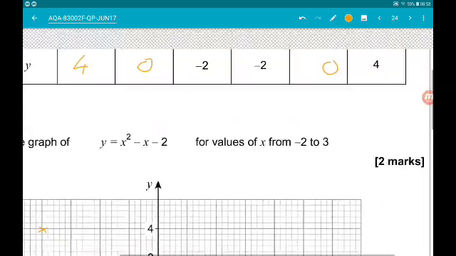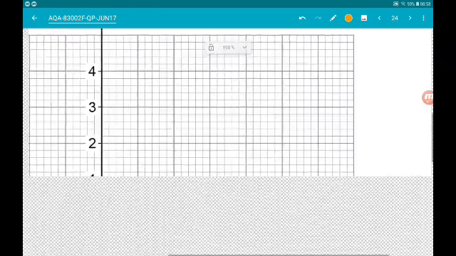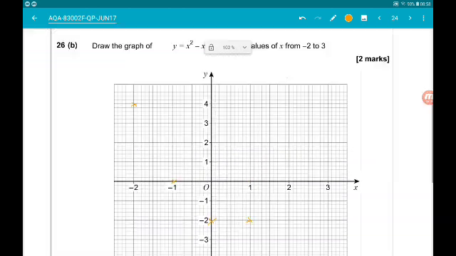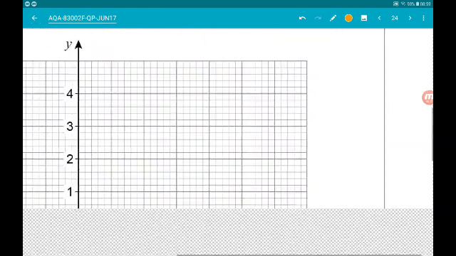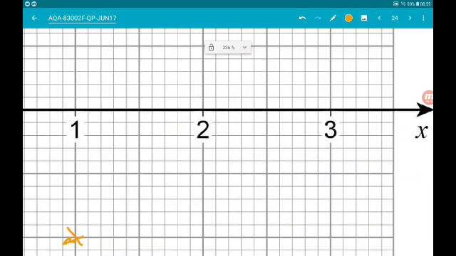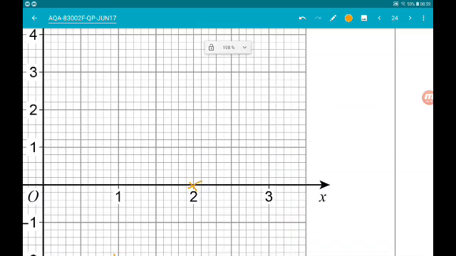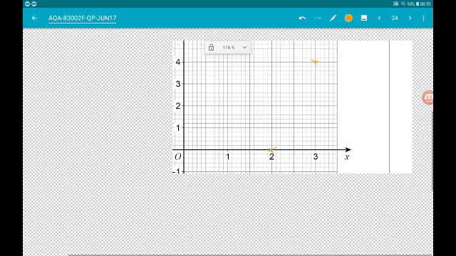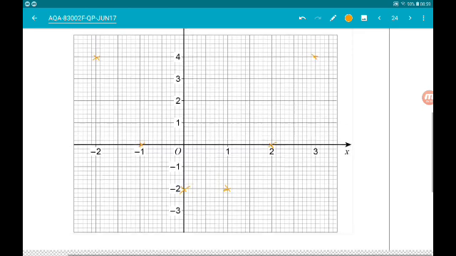Next one, 1, minus 2 is there. 2, 0 and 3, 4. 2, 0 there. 3, 4 is there. So our points should look like that.